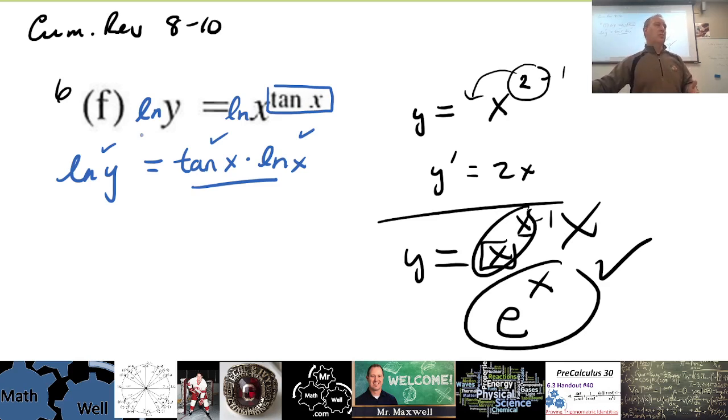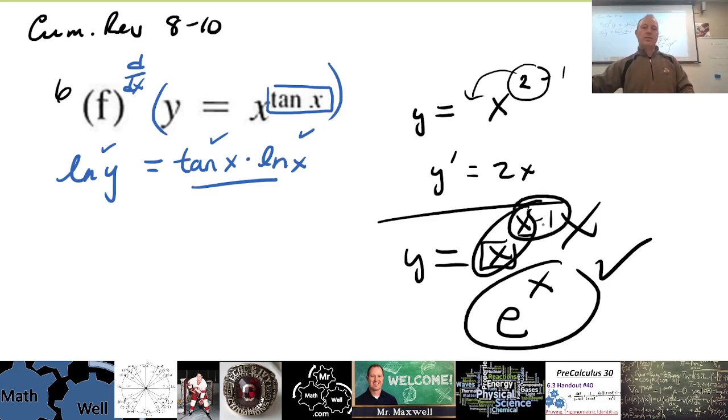So when it says differentiate, this is d dx, so we are doing d dx of this original function, which means with respect to x. Now that we've got it in this format, we've avoided this x in the exponent position.